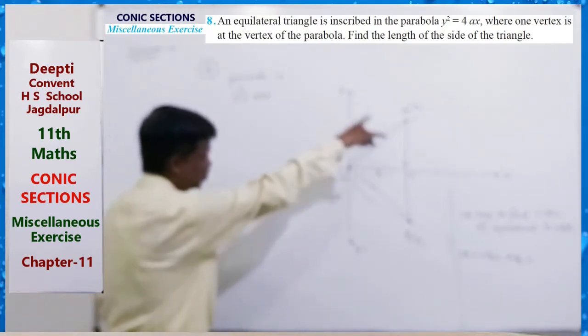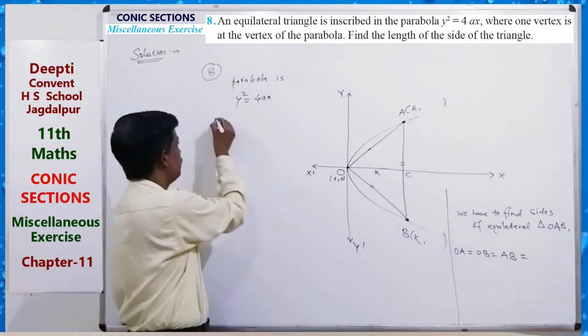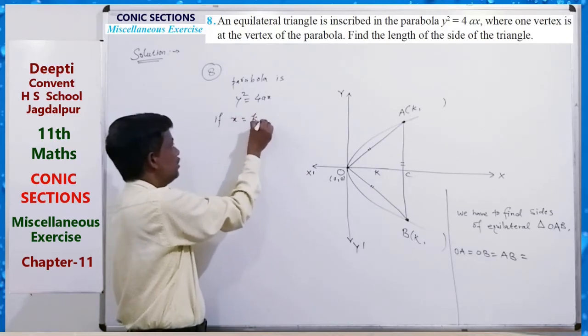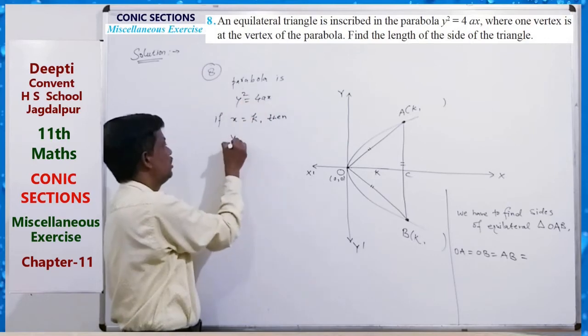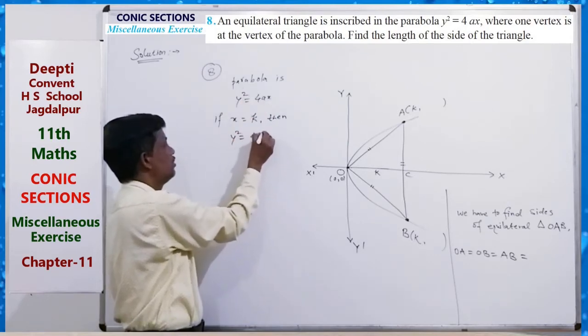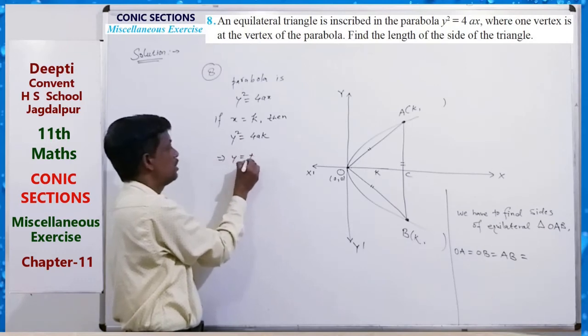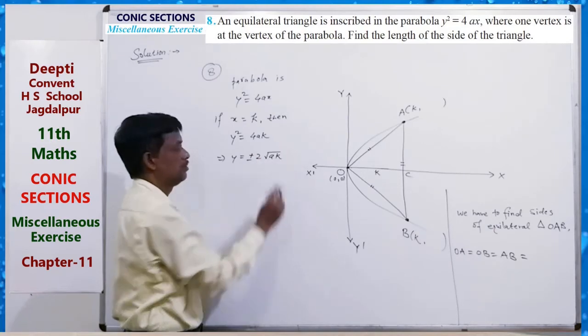So for this point, if x equals k, then y square equals 4ak, which implies y equals plus minus 2 root ak.